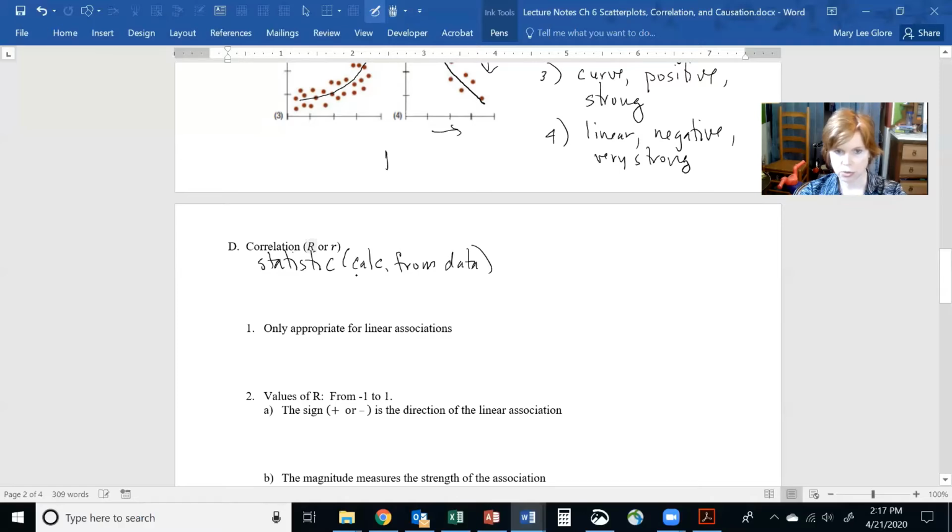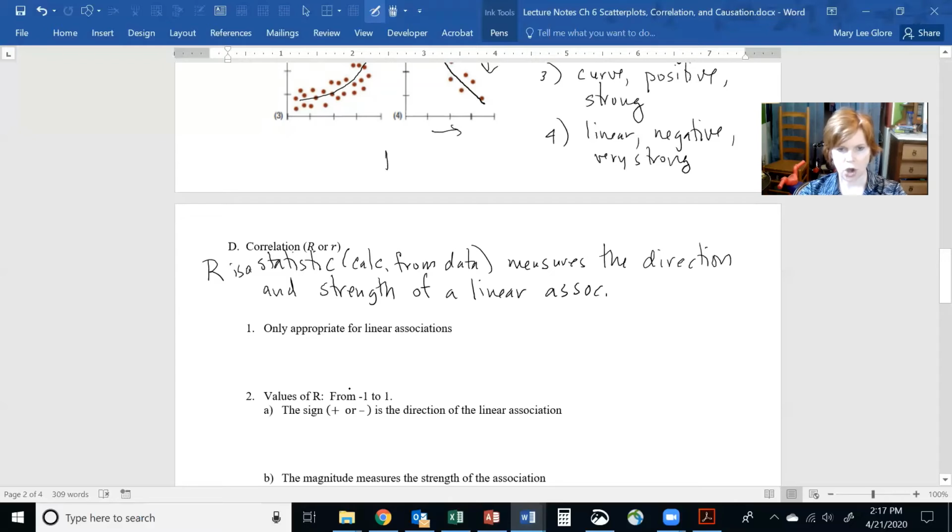We're going to use those 2 columns of data, those 2 quantitative variables, to come up with R. It measures the direction and the strength of a linear association. So that's what it does, and like I said, it's R. R is a statistic calculated from data.